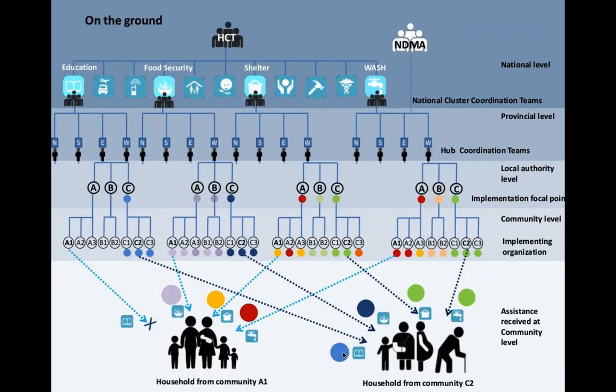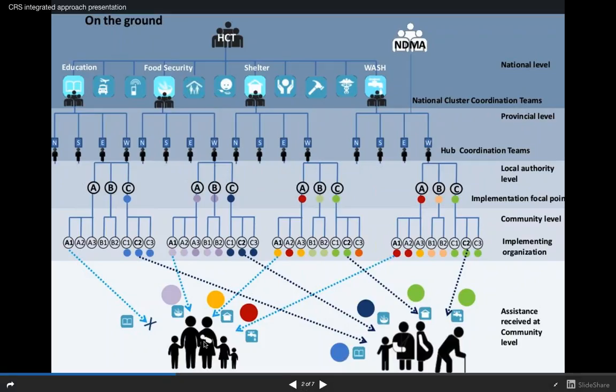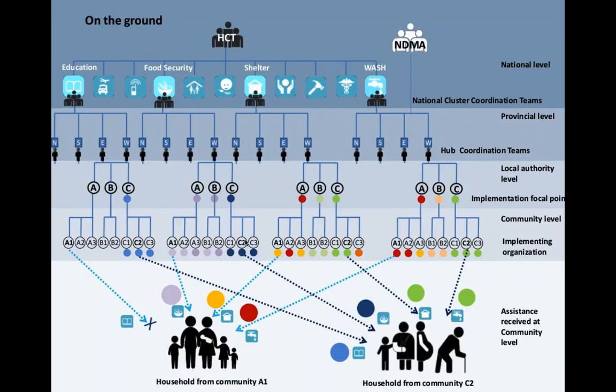Similarly for community A1 on the left, it's the same idea. You've got different agencies providing different support to the communities. And this results in multiple conversations taking place, and it's something a lot of communities will give out about when we're doing our post-evaluations, and even when you're in the middle of an emergency, you'll have communities saying, well, I just spoke to someone yesterday, I just gave them this information.